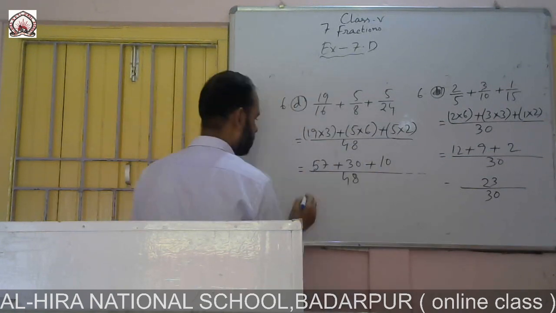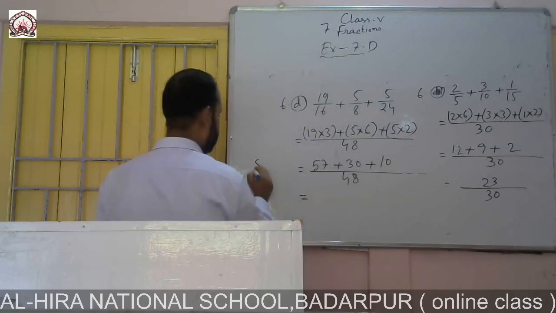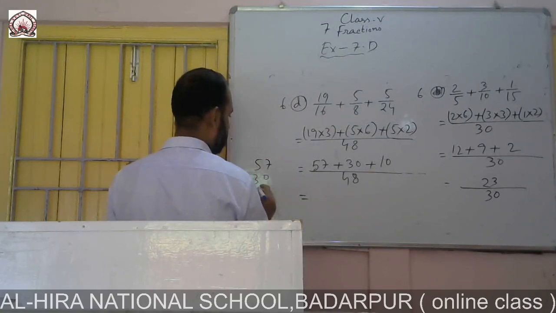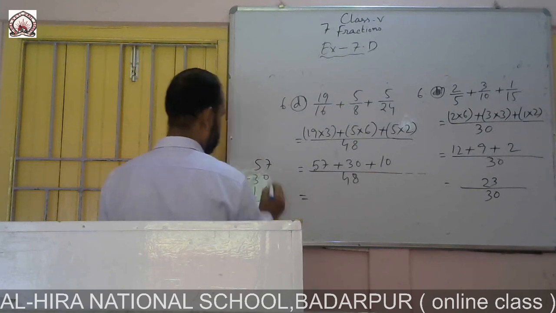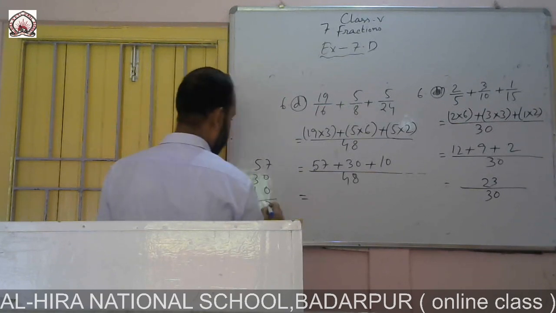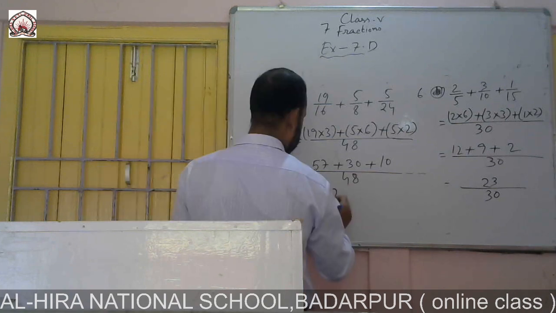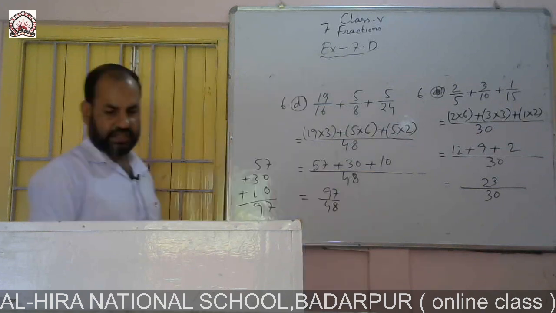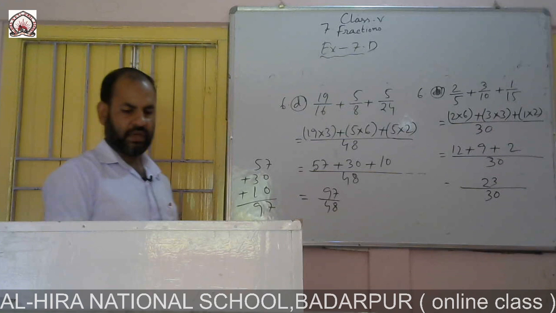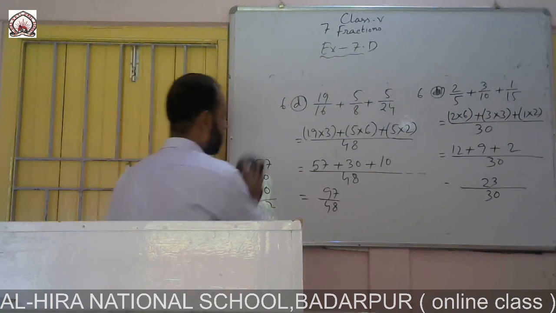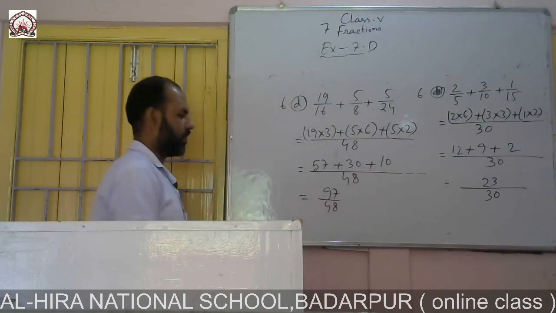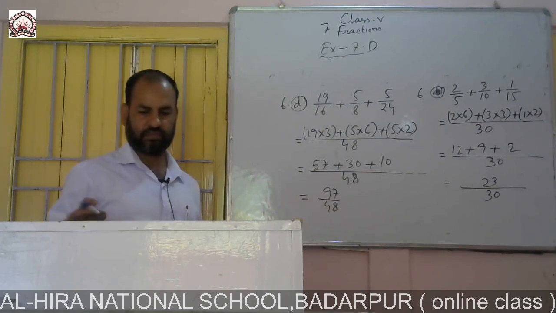Now we add 57 plus 30 plus 10. So 7, 8, 9, 97. 97 by 48. 97 by 48. Answer is 97 by 48.